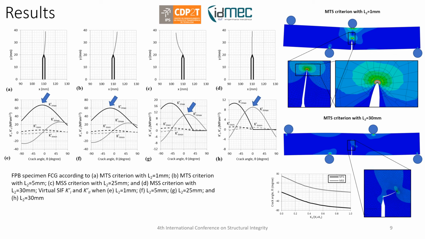And when pure mode 2 conditions are established, then we can see that the MSS criteria predicts the crack to propagate vertically, but the MTS criteria would predict a deflection of the crack along the direction that maximizes mode 1 and not mode 2.